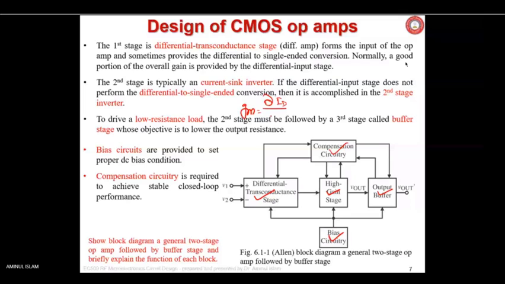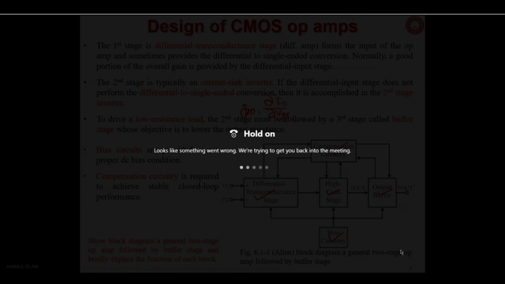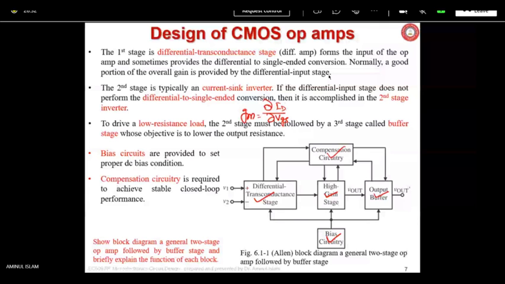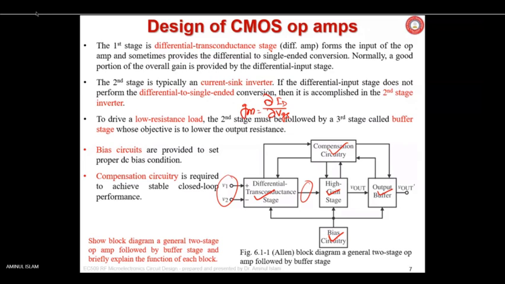So if a stage takes the input voltage and gives current as output, then it is a transconductance stage. This stage is called differential transconductance stage because it converts the input voltage into current.